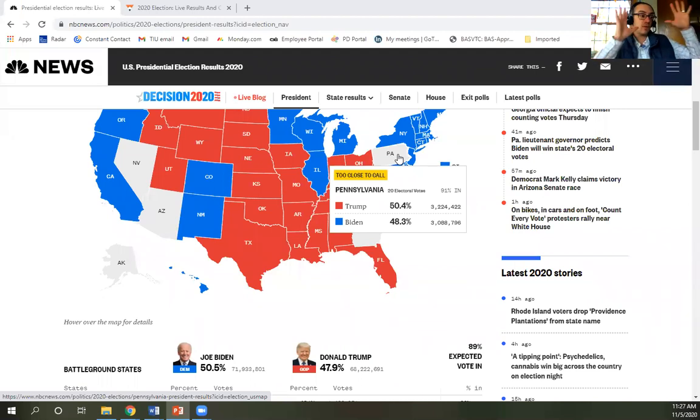In my mind, I picture every state has a giant pile of votes, and you just have to wait until that whole pile is counted. And as the numbers come through, it looks like this person's winning, it looks like that person's winning, but you've got to wait till the end. You've got to wait till that last vote is counted, and then you'll know who the real winner is.